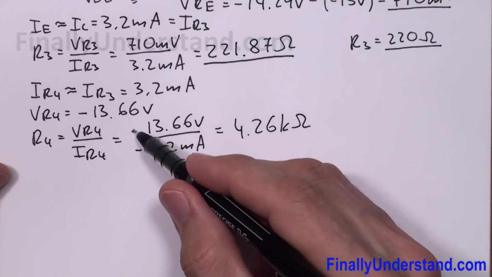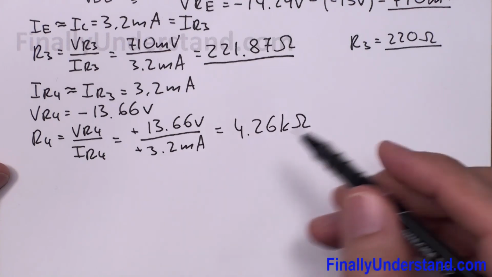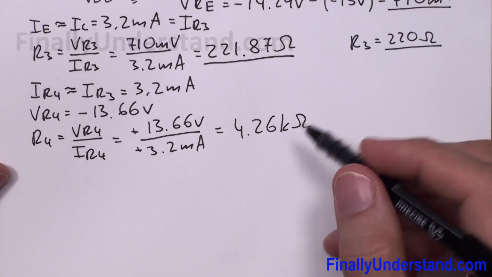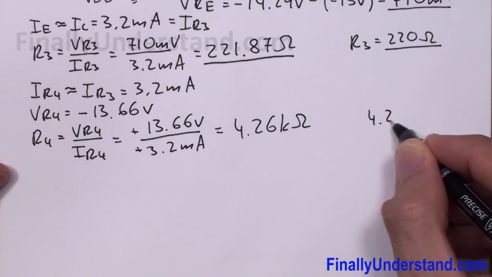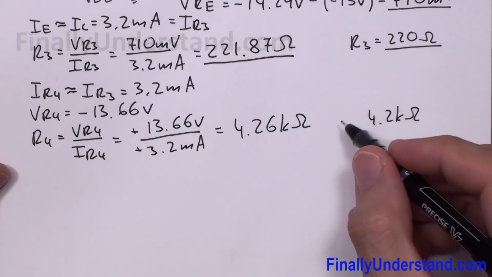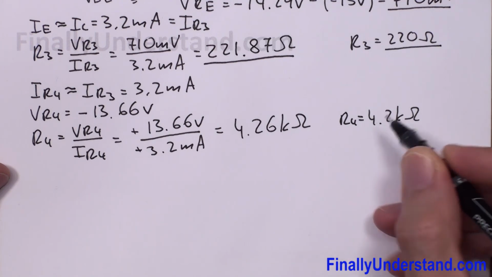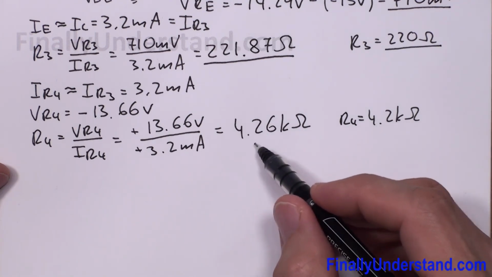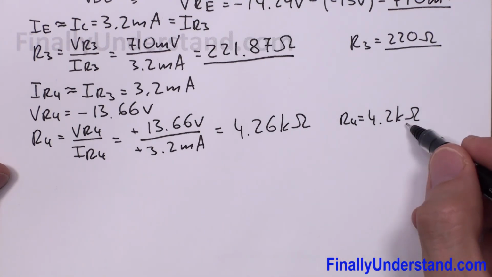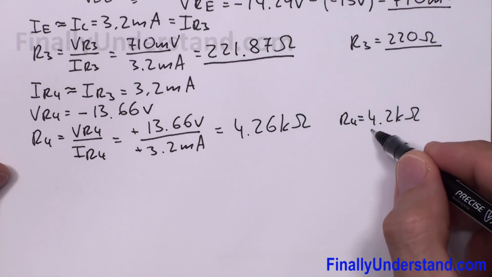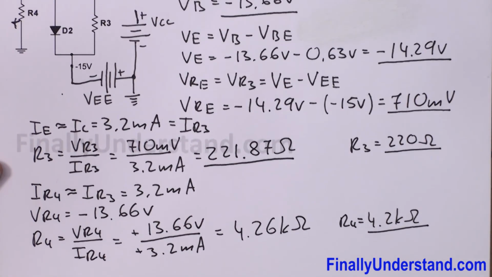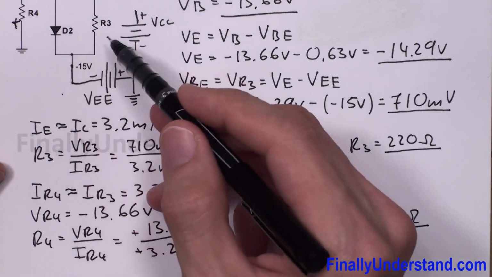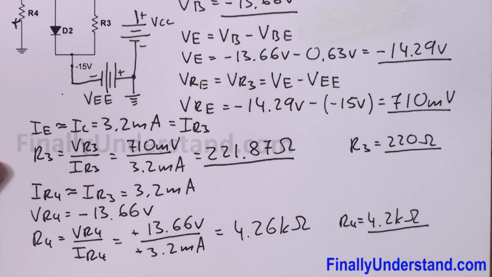If you want to build a circuit, you're supposed to choose a 4.2 kilo ohm resistor. This is going to be your R4, because it's going to be kind of hard for you to find 4.26 kilo ohms. Use 4.2 kilo ohms. Okay, so we found the values of resistors R4 and R3, so we can say that the problem is solved.